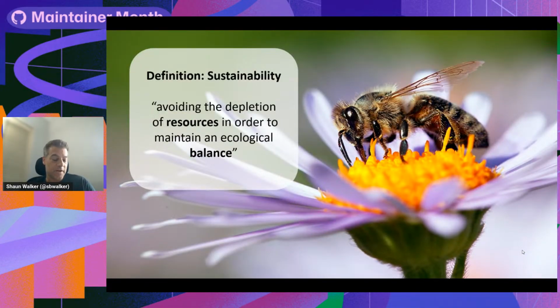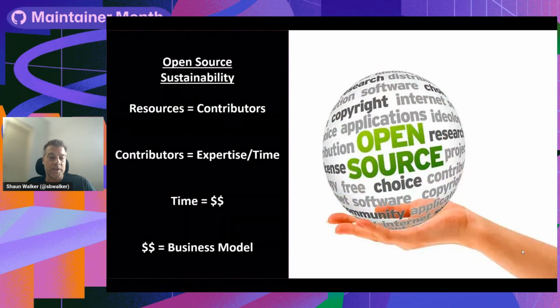And so when we talk about sustainability, there is an actual definition for sustainability. And that definition is avoiding the depletion of resources in order to maintain an ecological balance. So when we're talking about sustainability in the context of open source, what exactly are those resources?